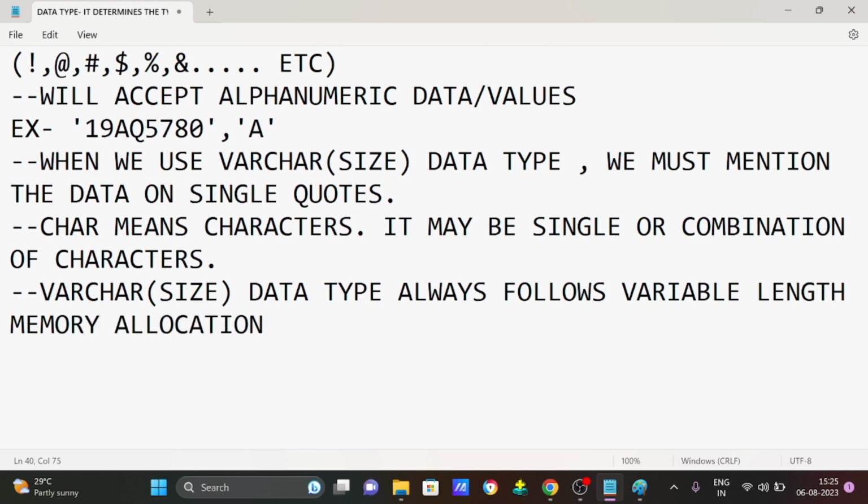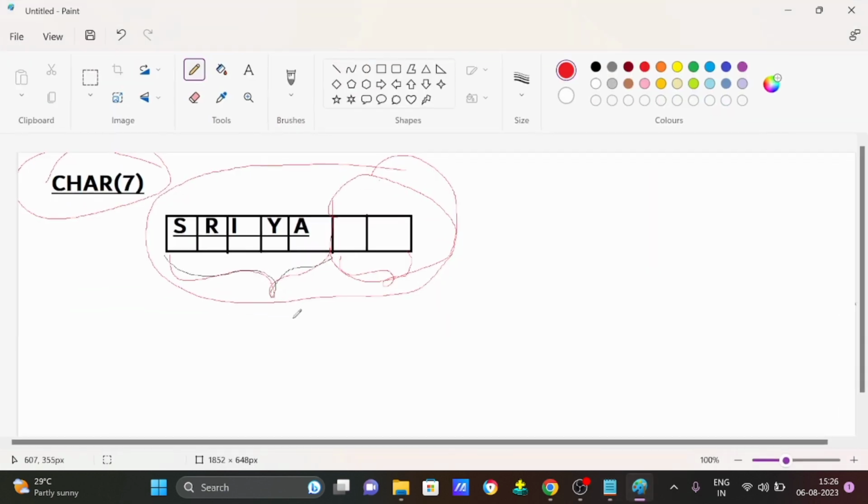What does this actually mean? Variable refers to varying, which keeps changing as per the requirement. So in char of size, the drawback is the memory allocation is fixed, but here the memory allocation is variable length memory allocation.